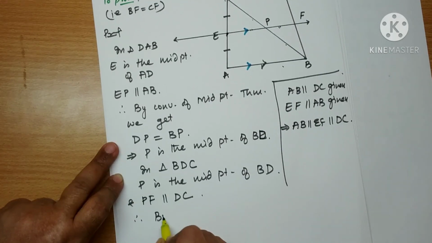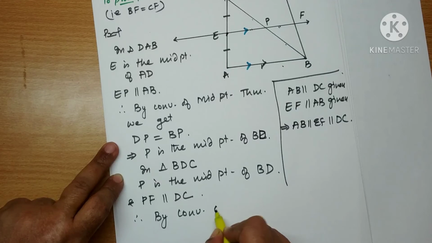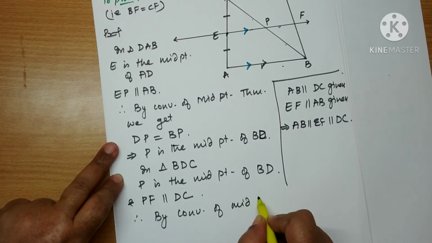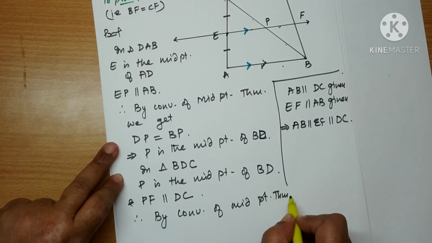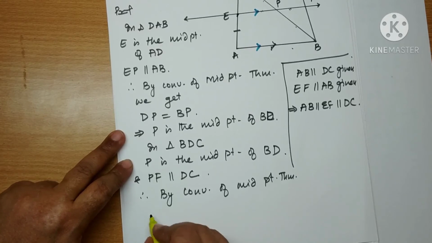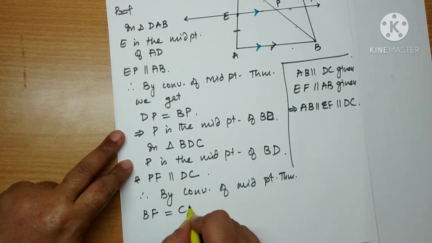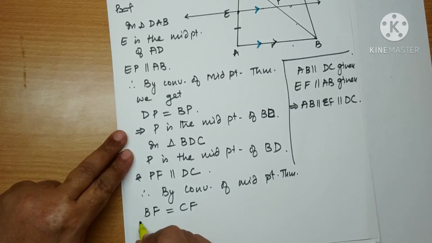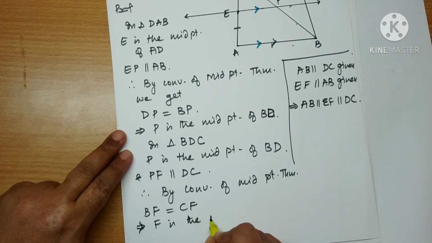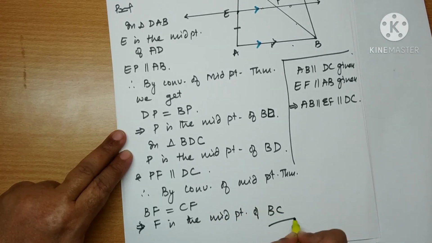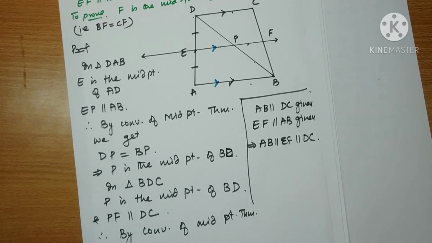Therefore, by converse of midpoint theorem, I get BF equal to CF. That is, this implies F is the midpoint of BC. So this gives me F is the midpoint of BC, right?